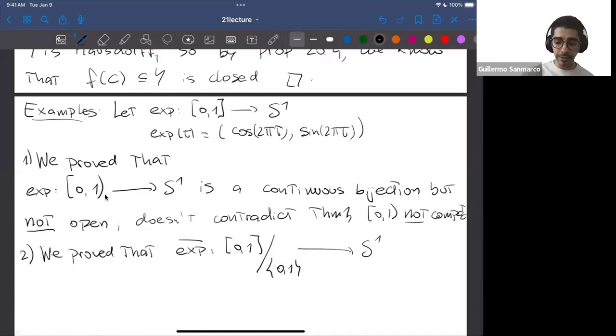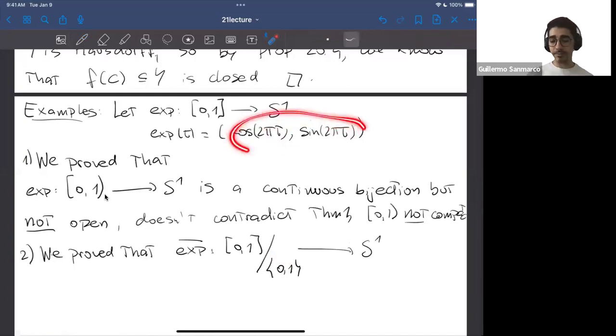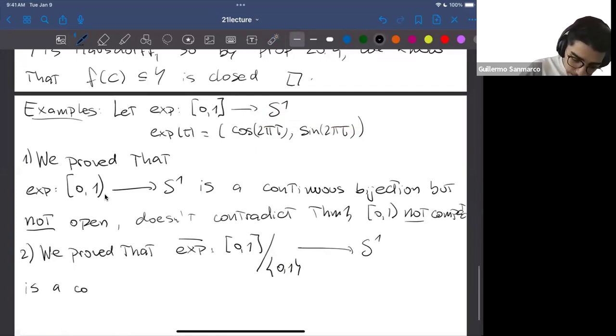I mean, it's not a crazy thing. We just need to prove that here at 0, you have the same as here at 1. So it's absolutely okay. Yeah, we proved that this function is a continuous bijection.